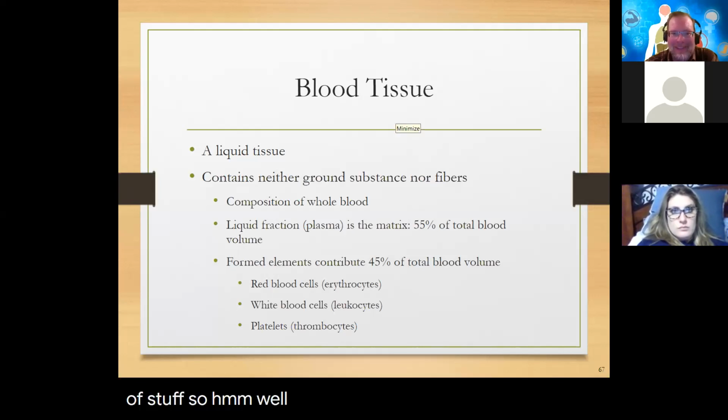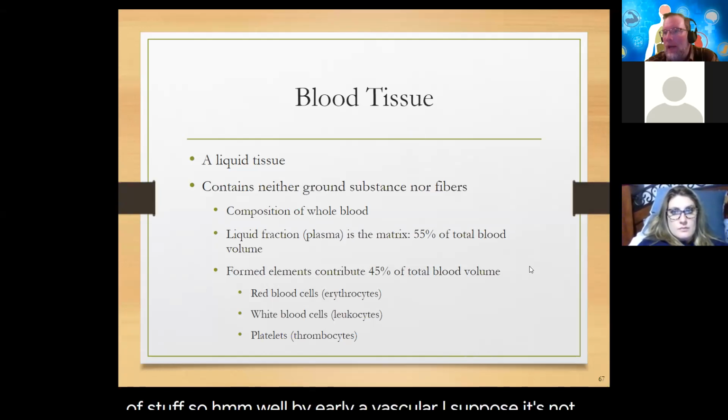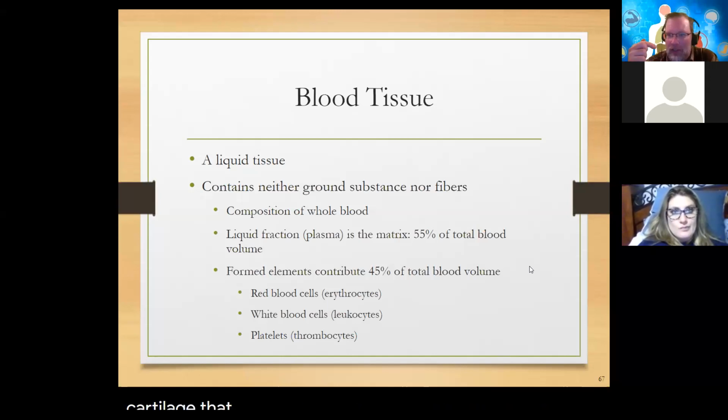Well, it's not entirely avascular, I suppose. I would say the bleeding is not coming from the cartilage. The cartilage is going to be deeper. The bleeding is coming from the connective tissue underneath, coming from your dermis. The whole ear isn't cartilage. It's just within the ear.